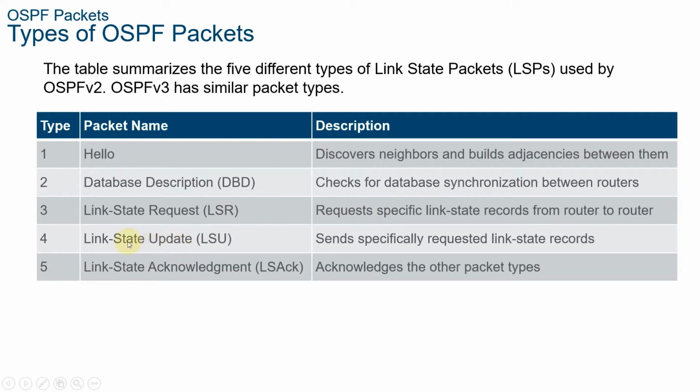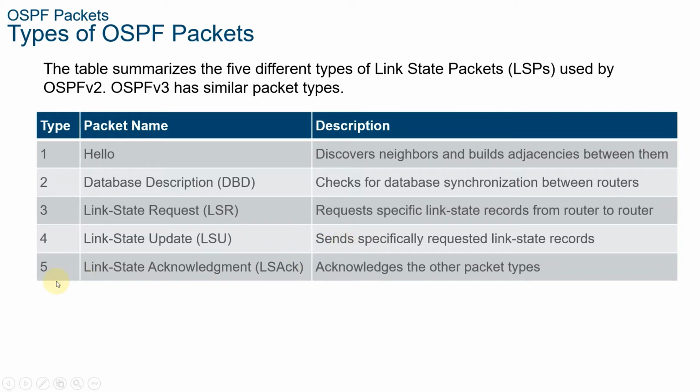The fourth one is type 4, the link state update. This is used to reply to LSRs, or link state requests, and to announce new information. LSUs contain several different types of LSAs. Again, LSUs send specifically requested link state records.